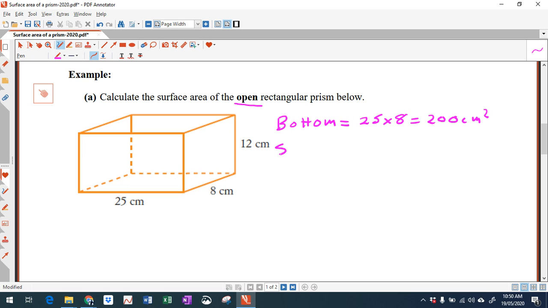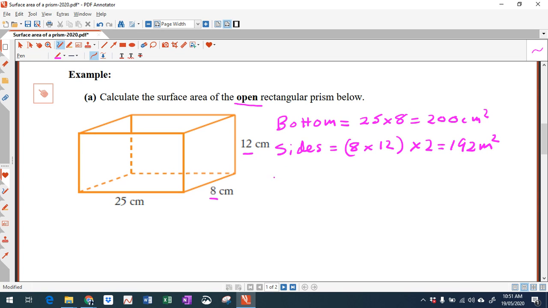Now the left and the right side are identical. The right side is 8 times 12, but the left side is the same. So we double that, we get the two sides together. So what's that? 192. You put it in your calculator.